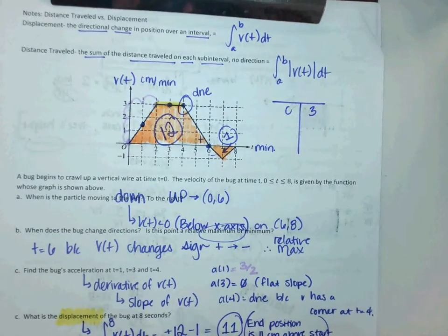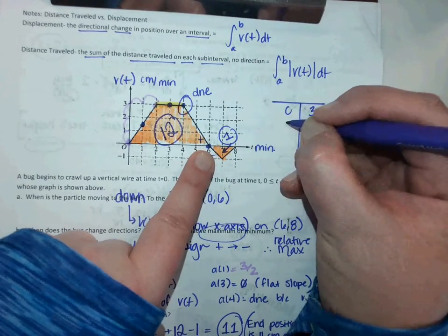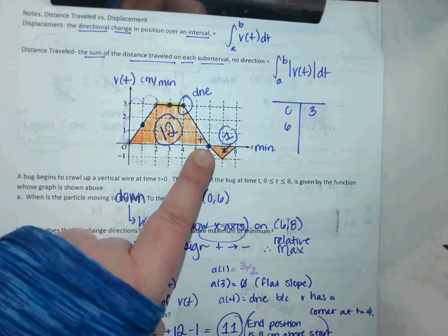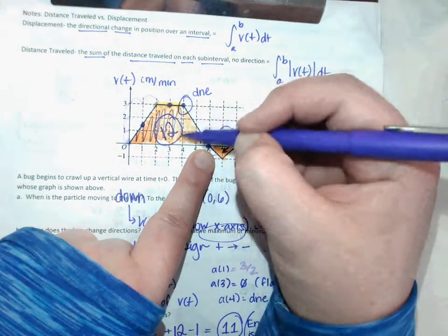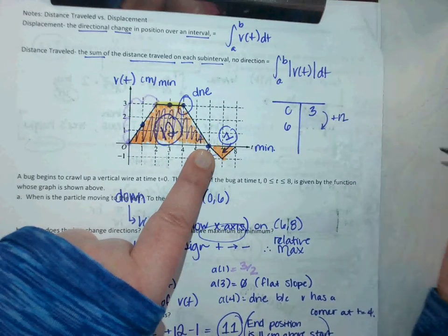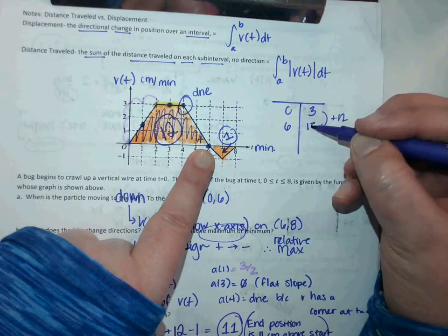When is my first critical number, when he turns around? 2. When does he turn around? 6. From 0 to 6, how far did he go? 12. Which direction? He went up 12. What's his position at 6? 15.